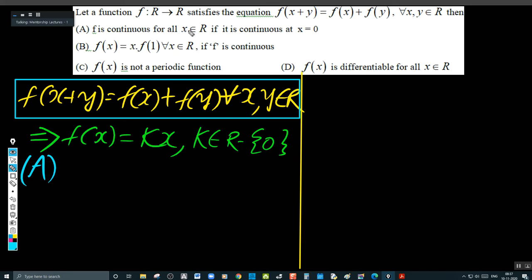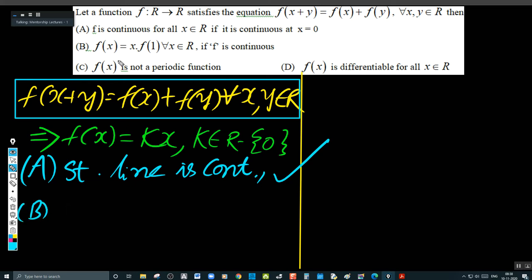F is continuous for all x belongs to R if it is continuous at x equal to 0. Obviously, it is a straight line. For any value of k, that becomes a straight line. Straight line is always continuous. So first option is correct.